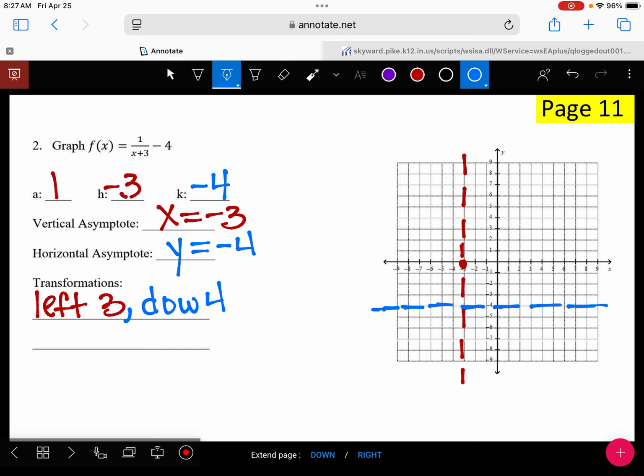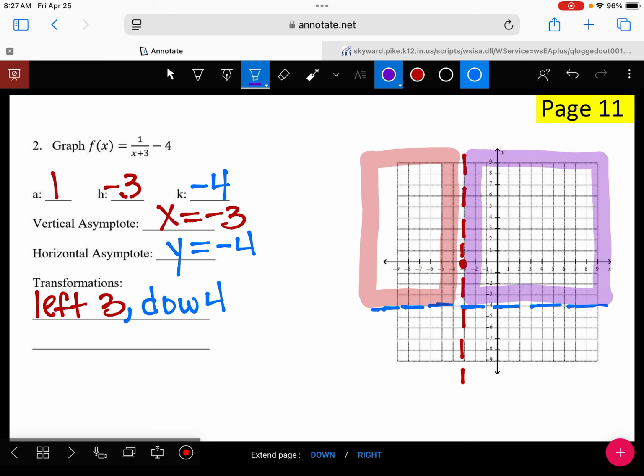So what I just did when I drew in my asymptotes was I divided this graph into 4 sections. That's what the asymptote does. It divides your graph into 4 sections.